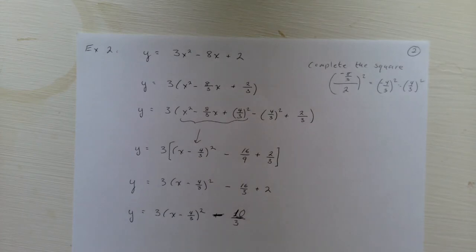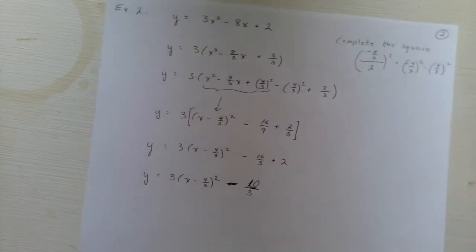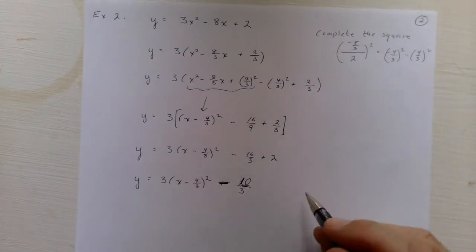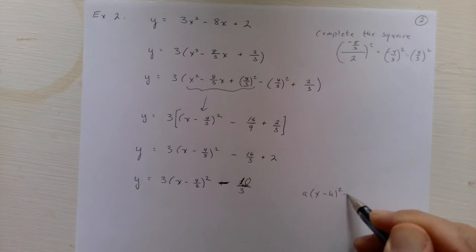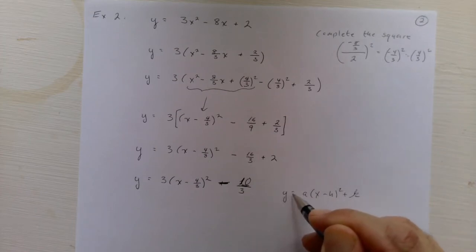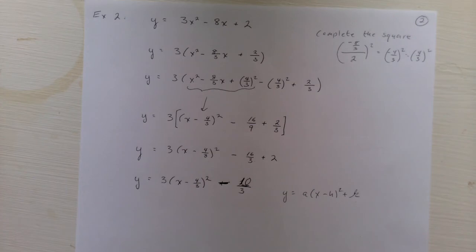And we can see that we have exactly something in the form of what we had before. We have something in the form of a times x minus h squared plus k equals y. Okay. And we'll see here that in this case our a, we could do the whole system of transformations. Again, we start with x squared, replace x with x minus 4/3, and then multiply by 3, and then subtract 10/3.